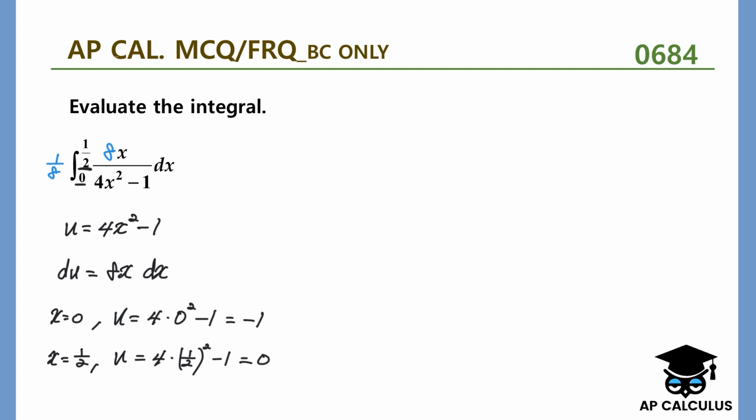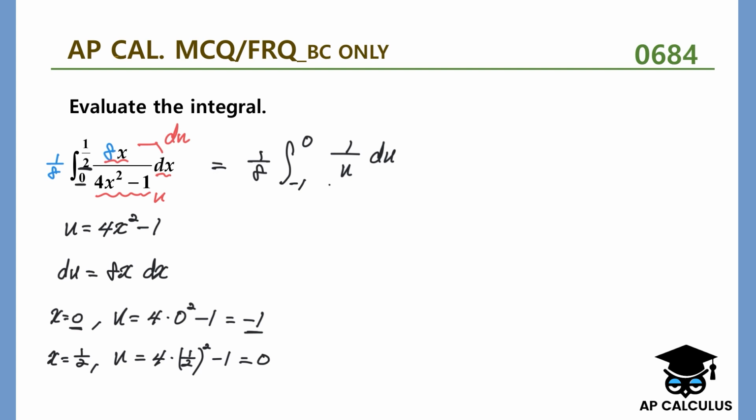So we have the integral of 1 over 8, from -1 to 0, of 1 over u du, right? This is our u, and 8x times dx is our du. So far so good.